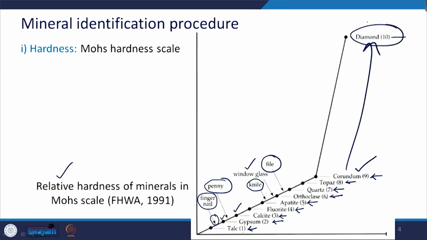So on this scale, the hardest mineral is diamond and the softest one, having the least hardness, is talc. So keep that in mind. All other minerals which have not been listed here, you have to check their relative hardness and accordingly assign the hardness based upon this scale.